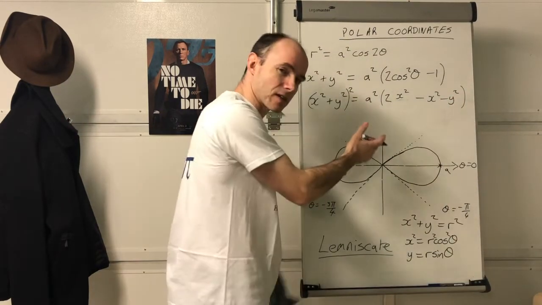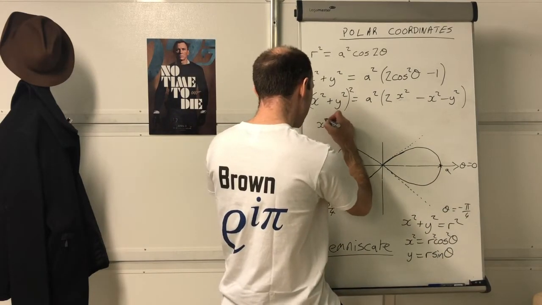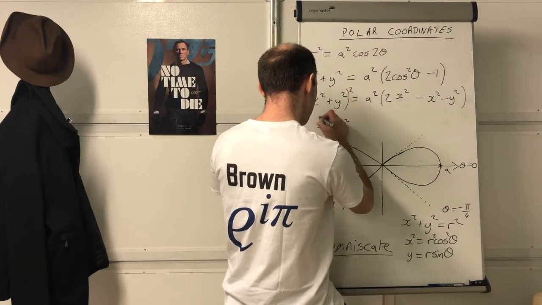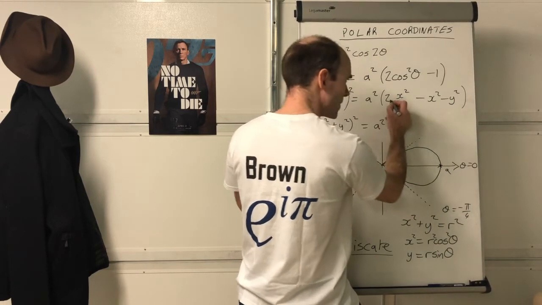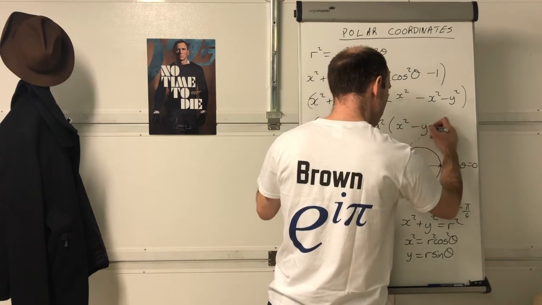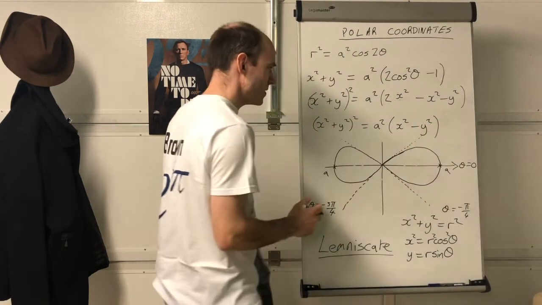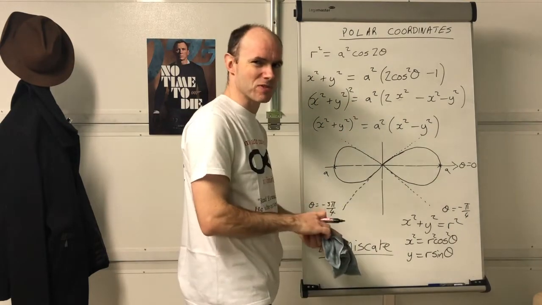Now that's a Cartesian equation, but we can simplify it a bit. We've got x squared plus y squared all squared is equal to a squared, then 2x squared subtract x squared is x squared, and then subtract y squared. And that is it. That's done.